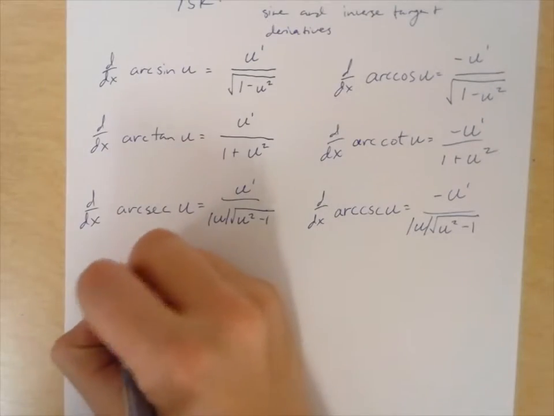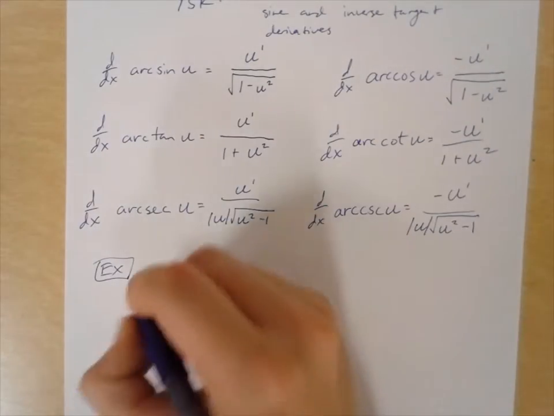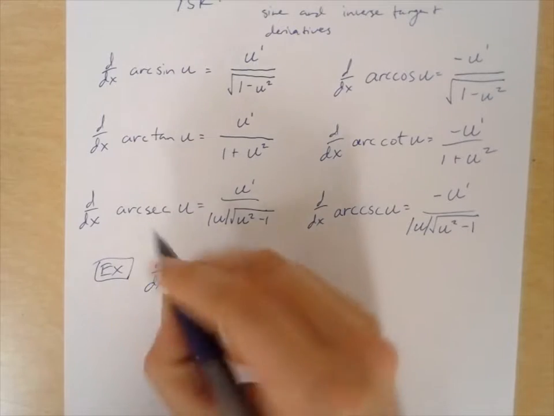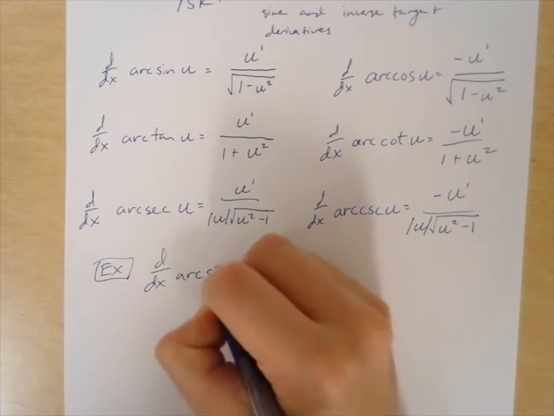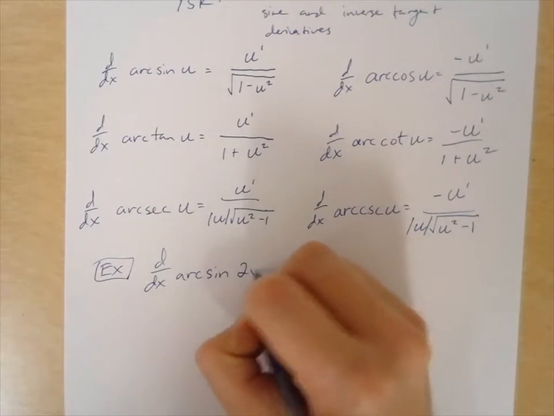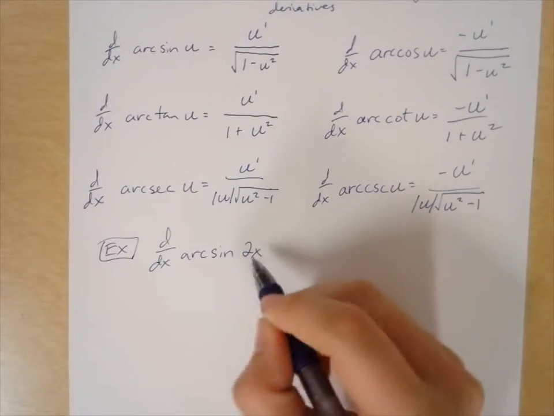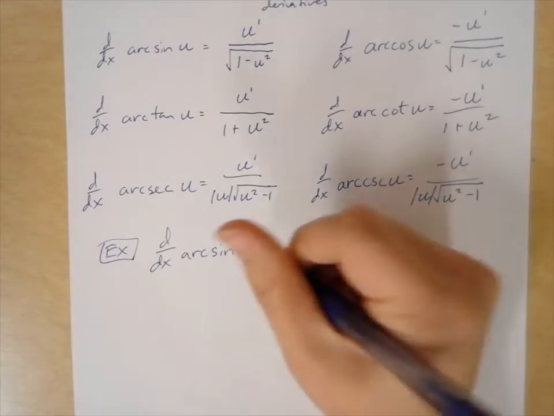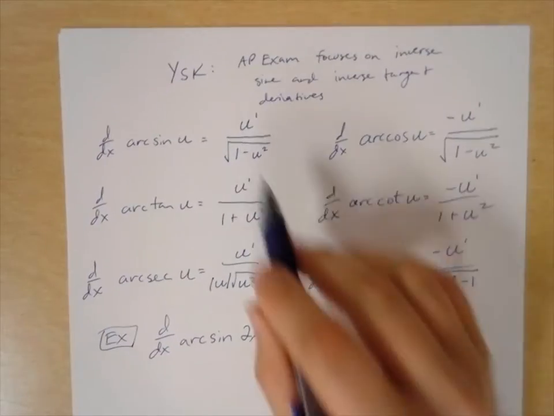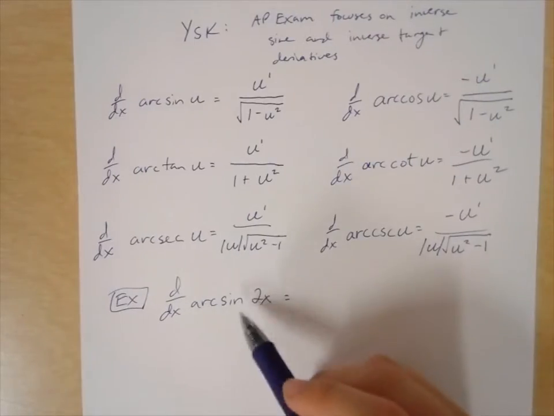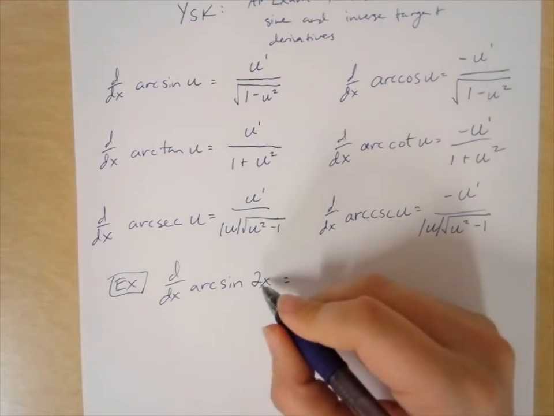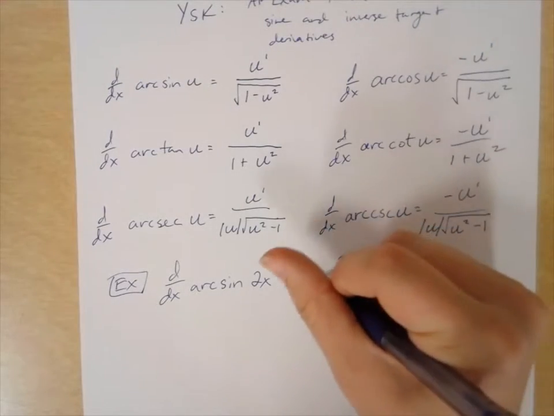Let's do some examples of applying these. If I wanted to take the derivative of the inverse of sine of 2x, notice this is a u case because there's more than just x going on, we have 2x. I'm going to use my rule to help me with this. I'm going to take u prime, derivative of 2x, which is just 2.